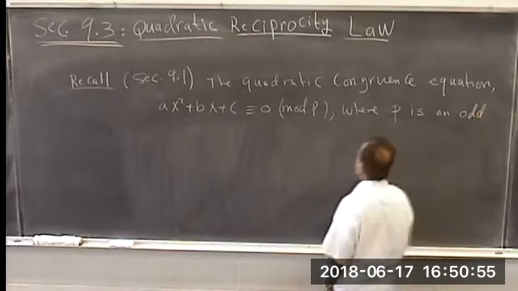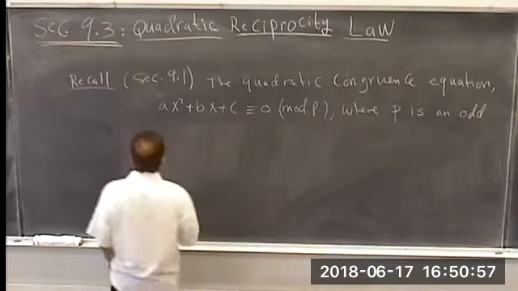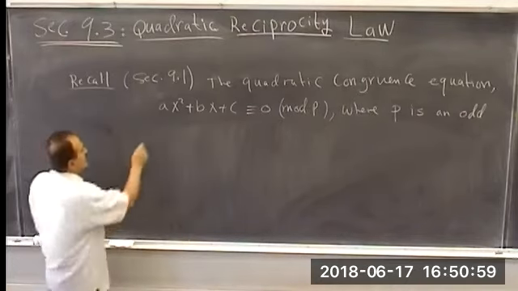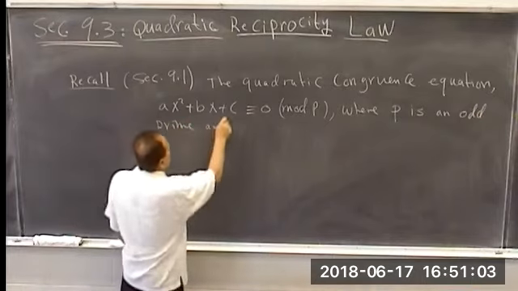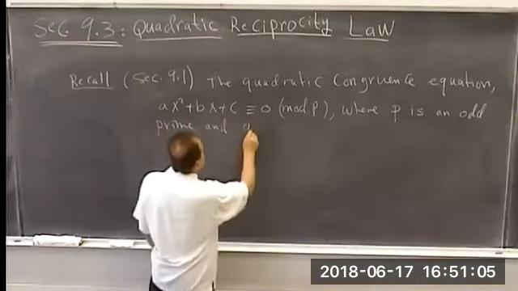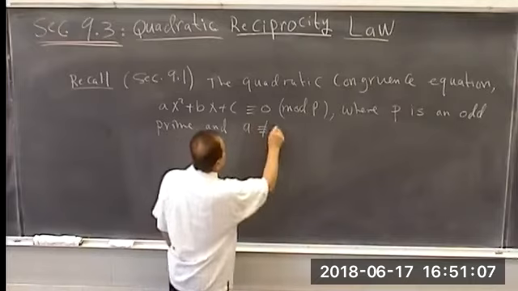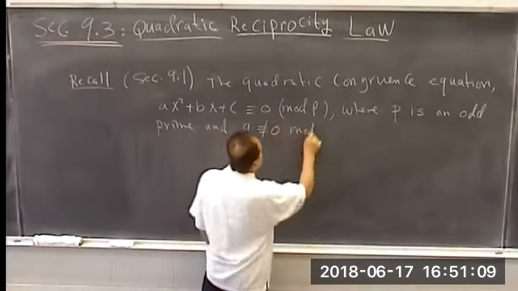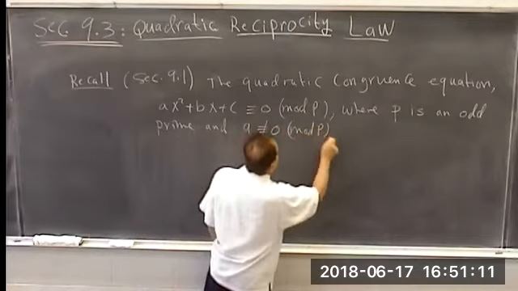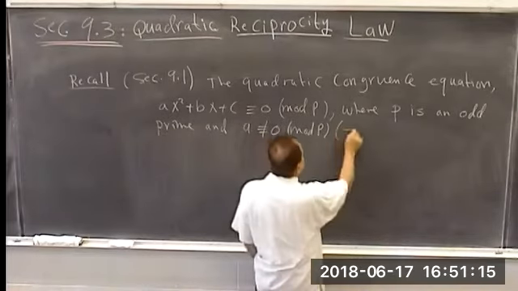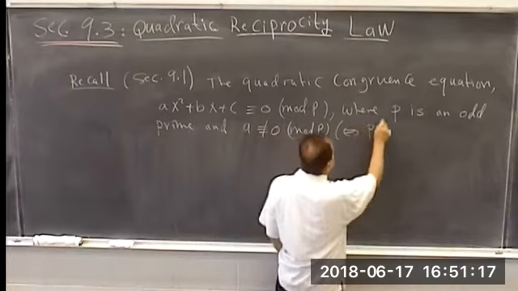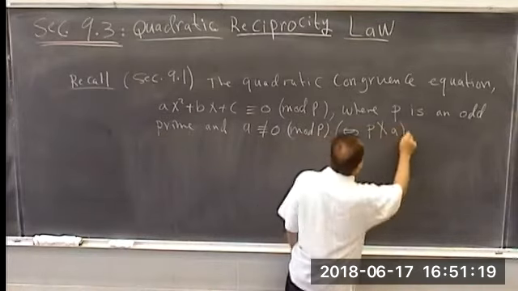Remember that for 2 it is not really hard. We want a not congruent to 0 mod p, in other words, there is a square term. And remember this is equivalent to saying that p does not divide a.